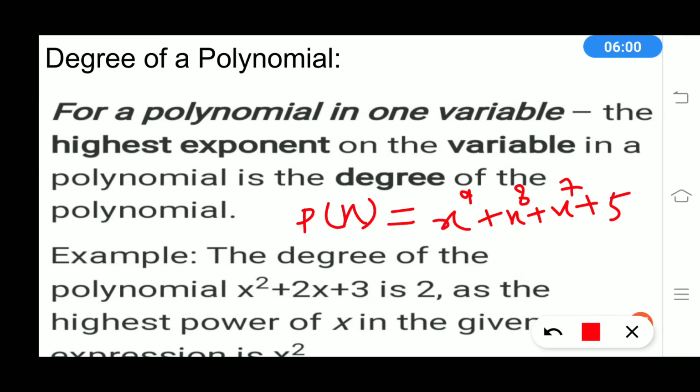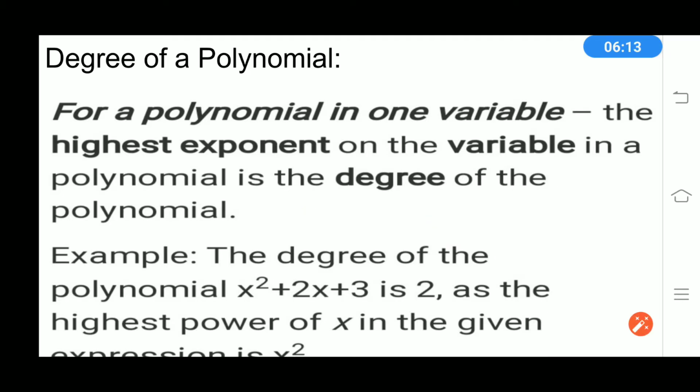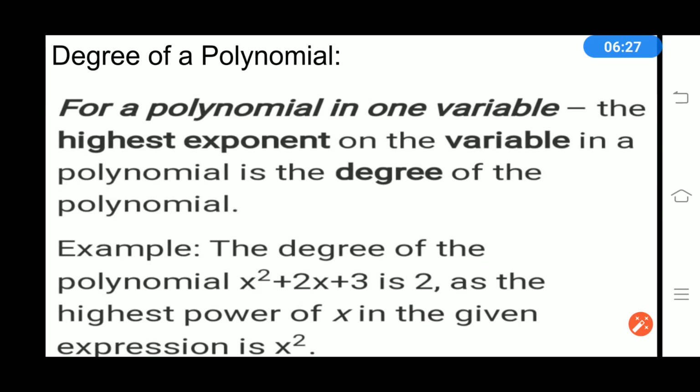So the highest exponent is 9, x to the power 9, so the degree of this polynomial equals 9. Clear? As an example, the degree of the polynomial x square plus twice x plus 3 is 2, as the highest power of x in the given expression is x square. Clear?